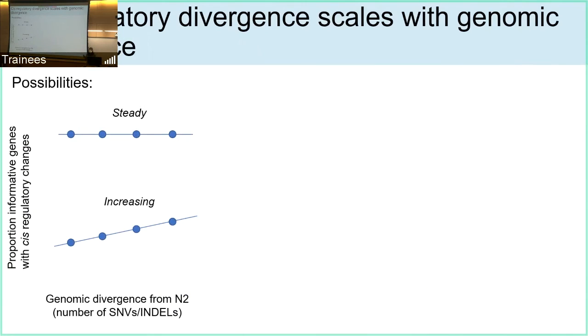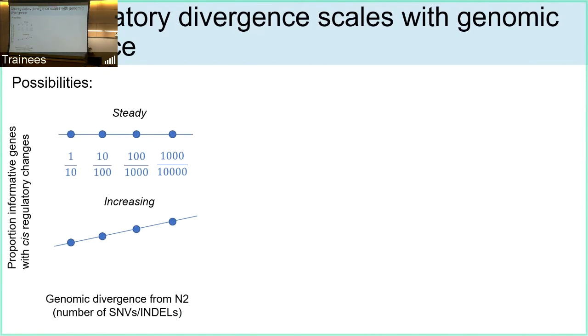So what I'm going to show you is looking across divergence on the x-axis, so the number of sites that differentiate these 2 copies within a genome, the reference genome from the alternate genome, for the proportion of informative genes that have cis-regulatory changes. So we expect the number of informative genes on the denominator here and the number of genes with detected allele-specific expression to scale with genomic divergence.